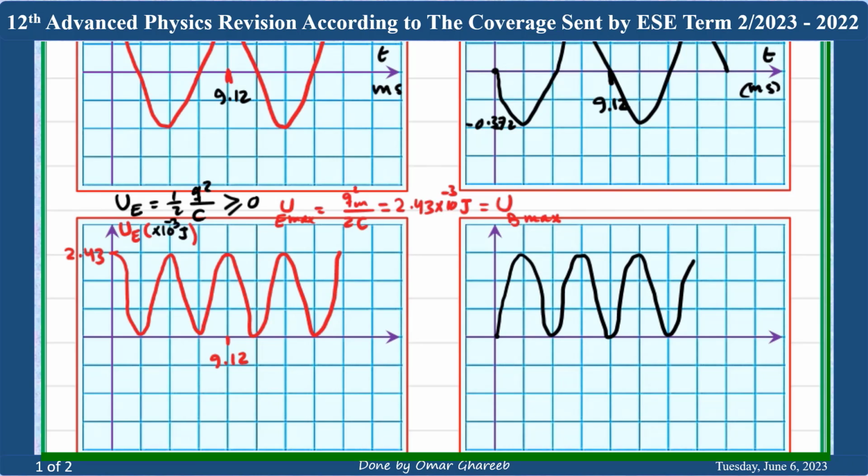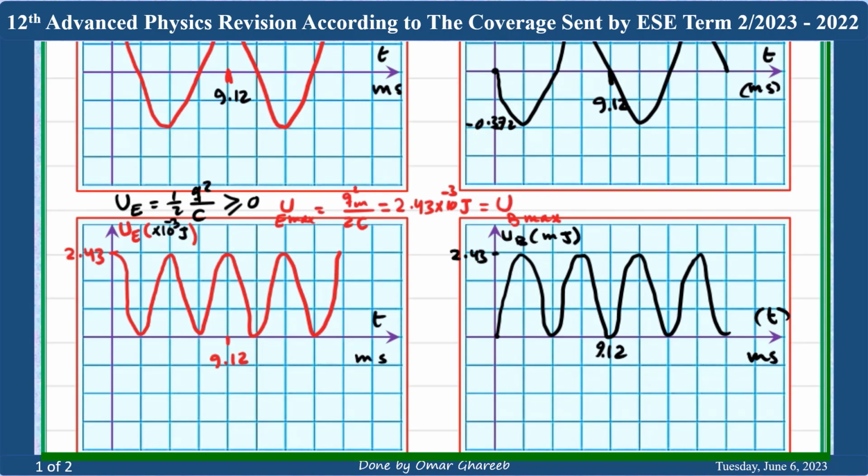So here is one cycle. This is 912 milliseconds. This is the time in milliseconds. And to complete the second cycle, go here. And the maximum is 2.43, and UB would be in millijoules, 10 to the minus 3.